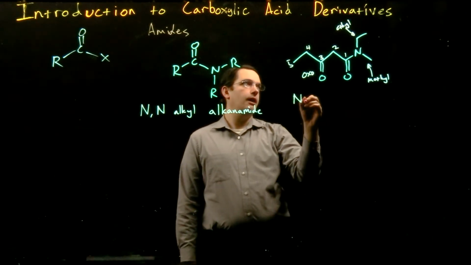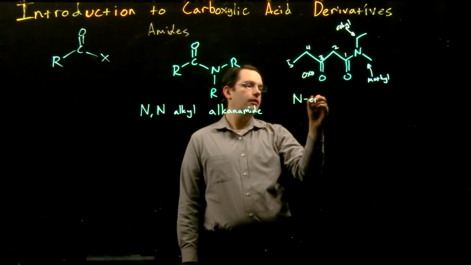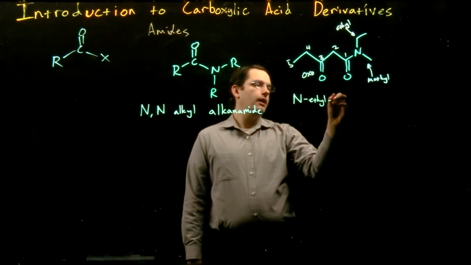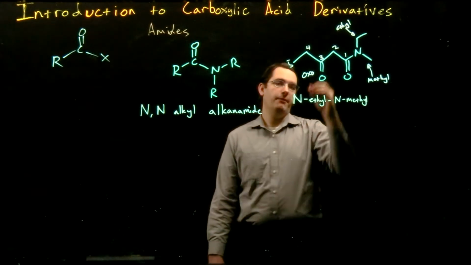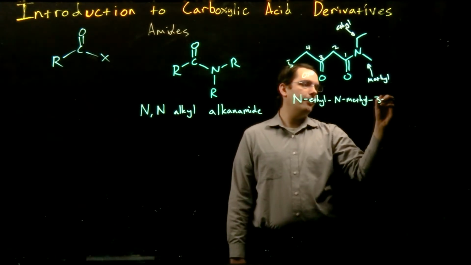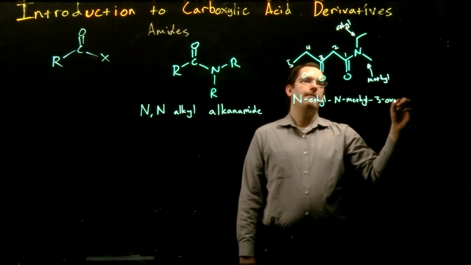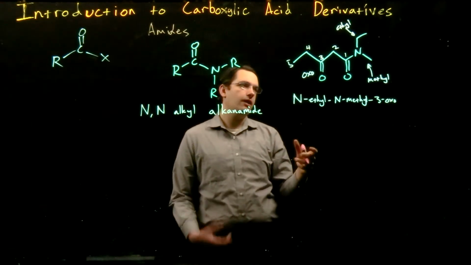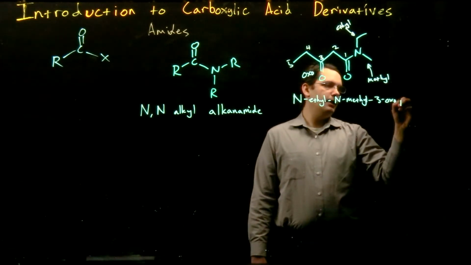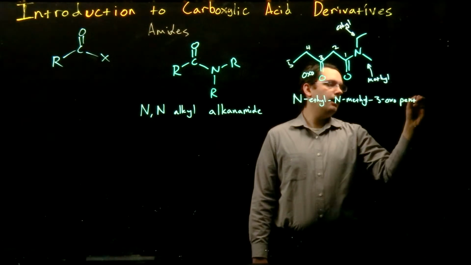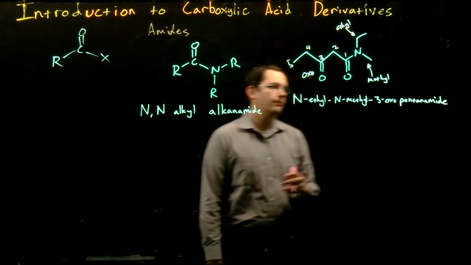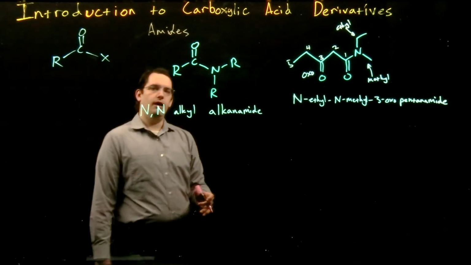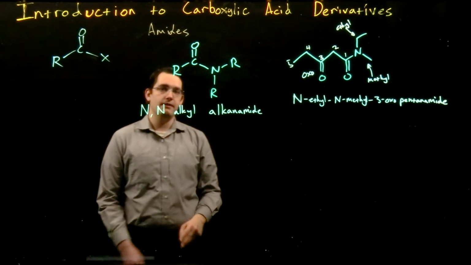So let's start off with our alkyl groups. So this is going to be N-ethyl, N-methyl, and then we have our 3-oxo, and this is a 5-carbon amide, so it would be a pentanamide for our full name there of our rather complicated amide structure.